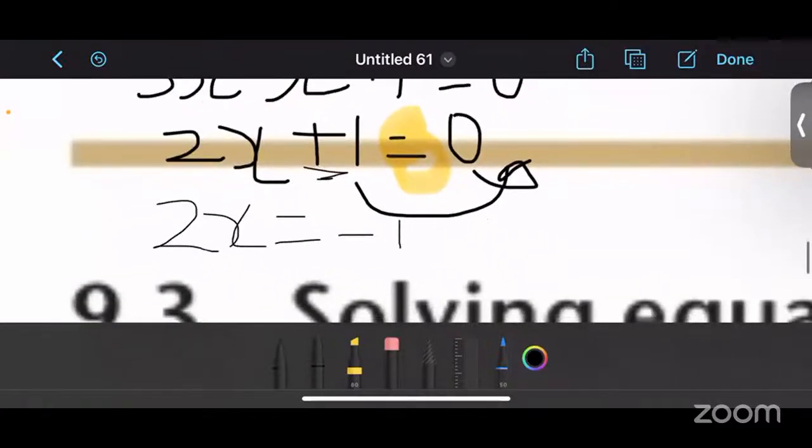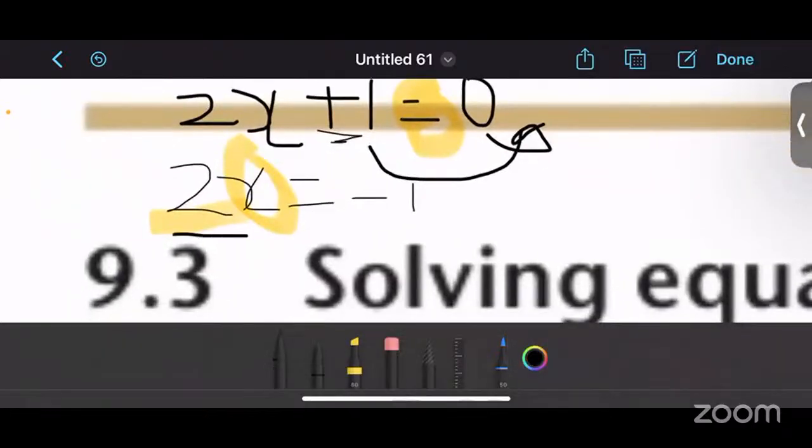And then now I want to get rid of the 2 because I want to be left with x. x is equal to whatever. That's the part of the answer I want. So to get rid of whatever is before x, you divide by that very same number, the 2.